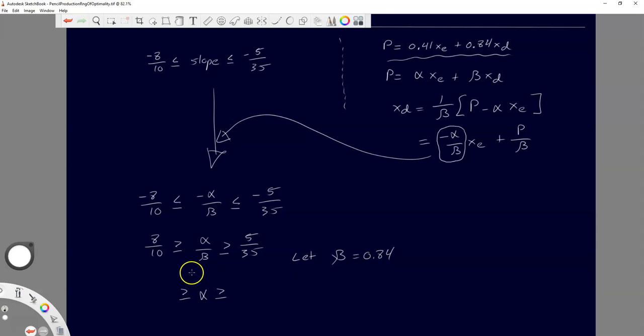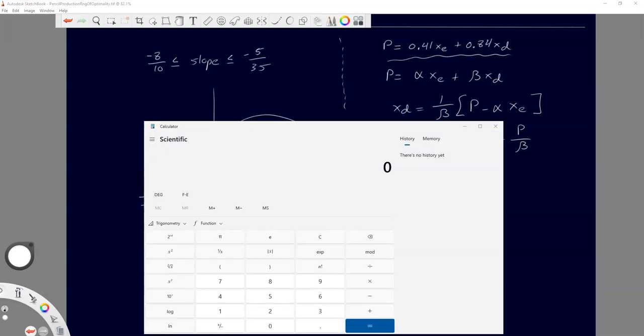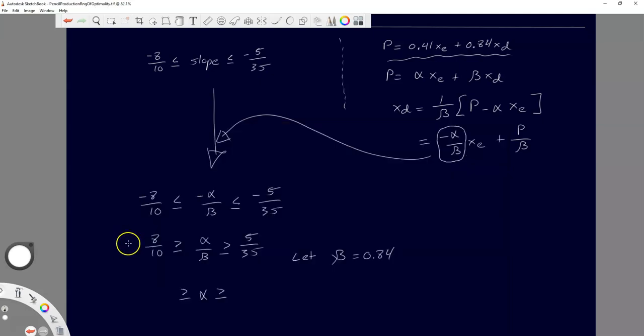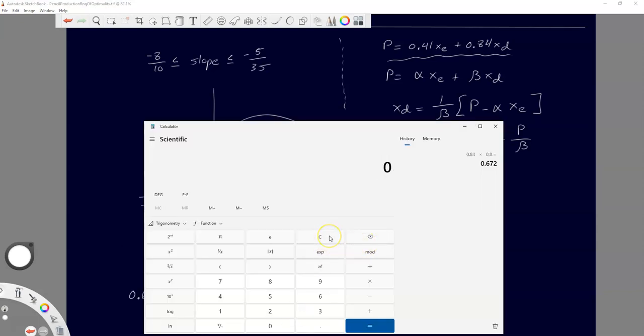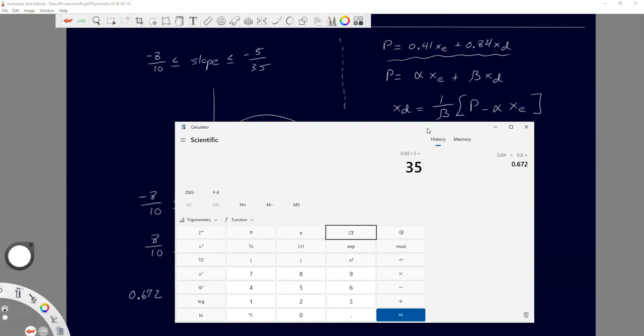If I take 0.84 and multiply by 8/10, I believe that should get us close to, let's see, 0.84 times 0.8, 0.672. And similarly, 0.84 times 5/35 is 0.12.